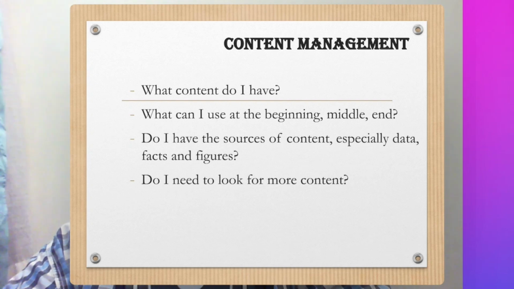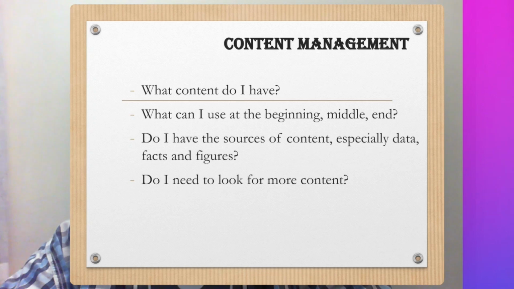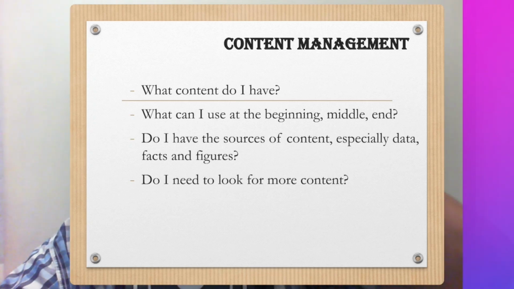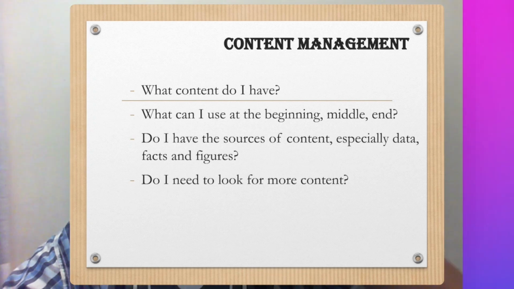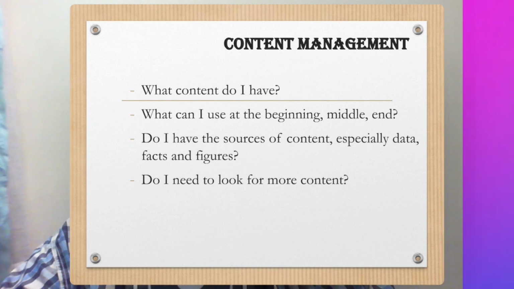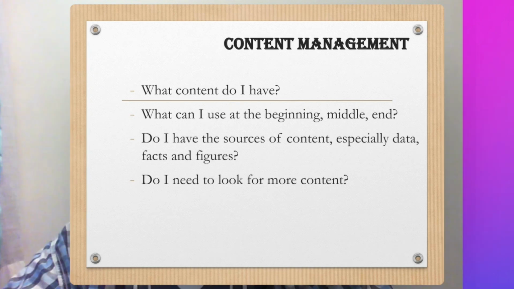You have to be able to prove that whatever you are trying to show there is authentic. Now, once you have done all this, you need to think again: do you need to look for more content? If you do, then you have to go back, do your research again and come back with a little more content.